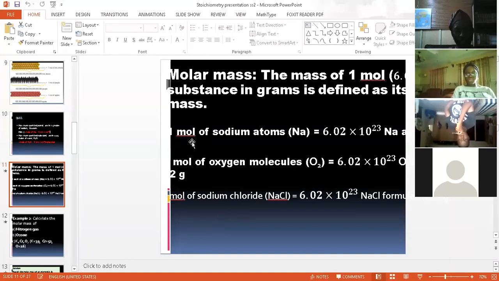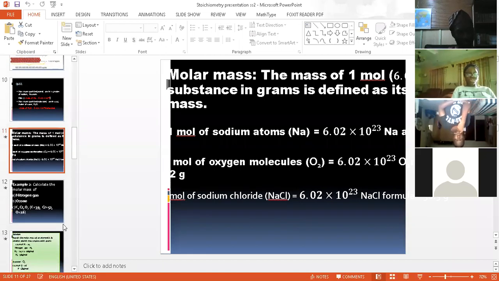Take note of one thing here: 1 mole of sodium atom has a mass of 23 grams. So the mass of 1 mole equals the relative atomic mass in grams. Likewise for oxygen, likewise for sodium chloride.